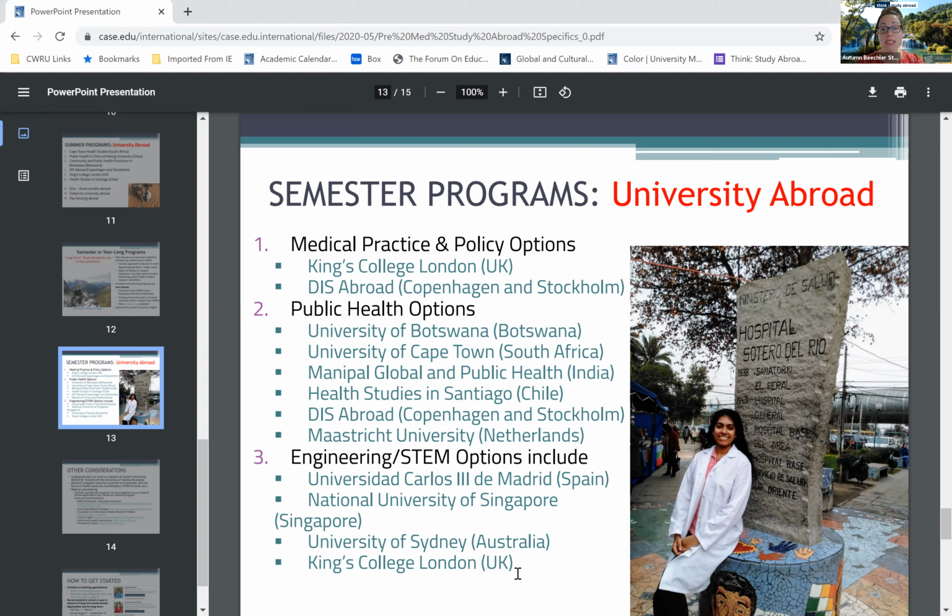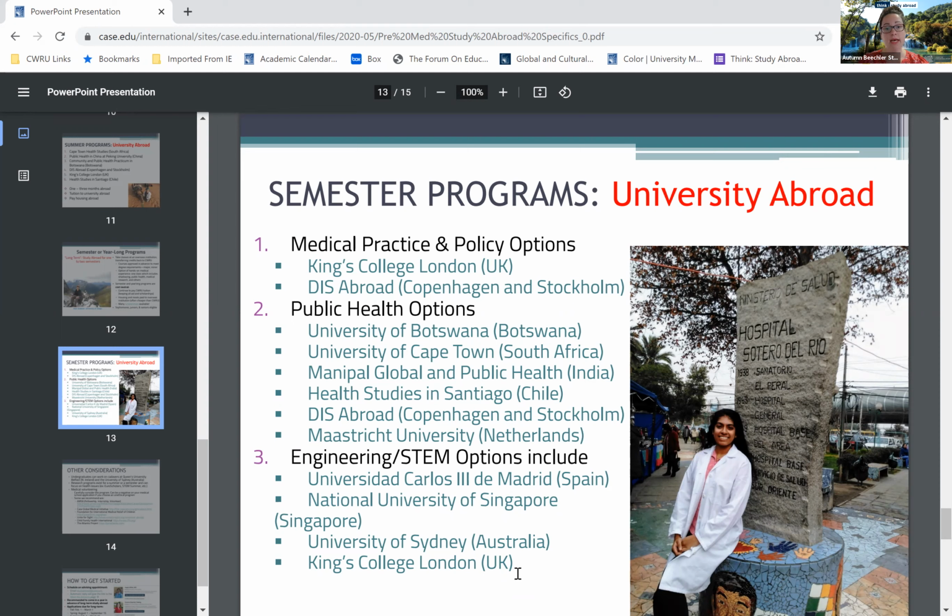The Health Studies in Santiago program, next on the list, is definitely for students who want to work with a Latinx population. It teaches you advanced medical Spanish terminology, as well as gives you direct access into a hospital in Chile, which is where this picture comes from, our Case student who did that program in the summer a few years ago.